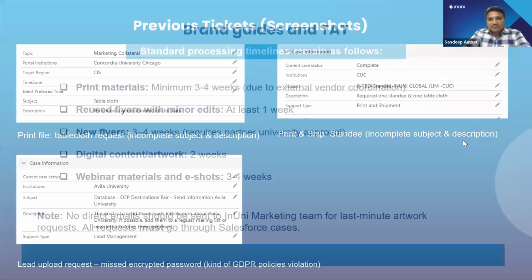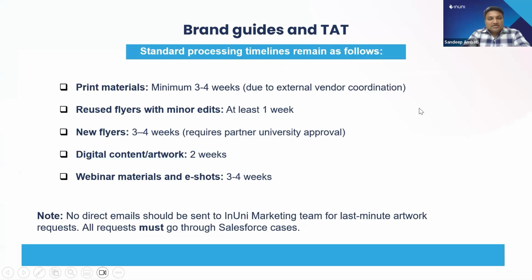As I said, for the campaign, print and shipment, we will be following some tags. Here I'm showing the tags for each of your recurrent print materials. Minimum 3 to 4 weeks is required, as we need to communicate with the external vendor for the print and shipment. Reused flyers with minor edits will take at least 1 week.